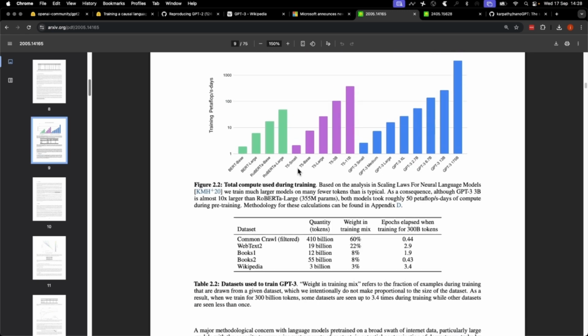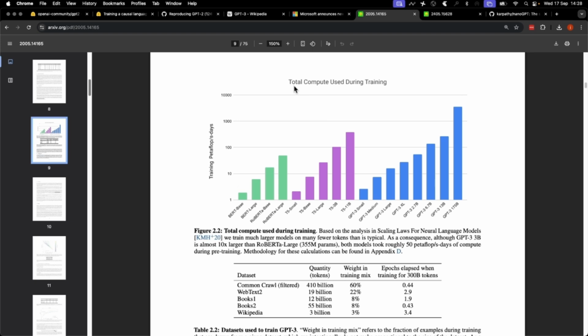All right, let's quickly focus on this chart. It shows the total compute used during training. You can see this especially for the GPT-3 series. For GPT-3 175 billion parameters, so much training effort has been put into it. Let's look at this unit: petaflop/s-days.